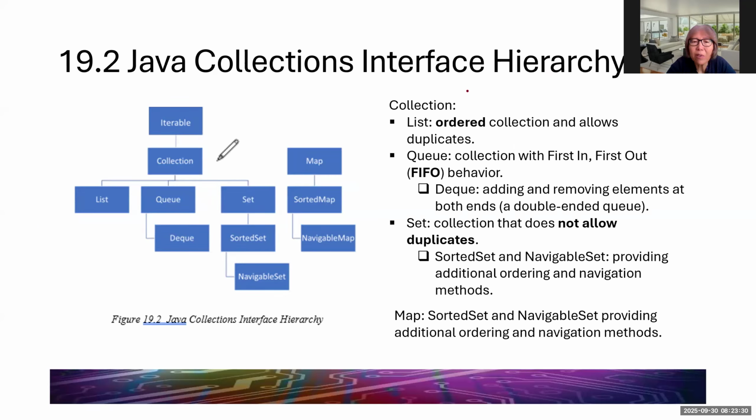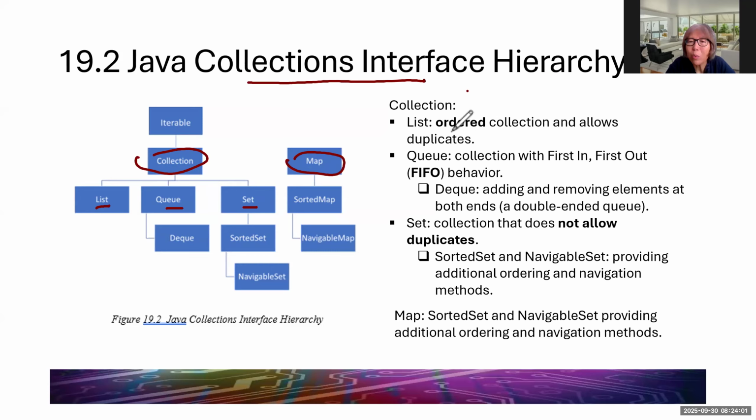For the collections interface, it has two groups: Collection for a single group of objects, and Map for a group of key-value pairs. Under Collection, we have three sub-interfaces: List, Queue, and Set. What's the difference among them?